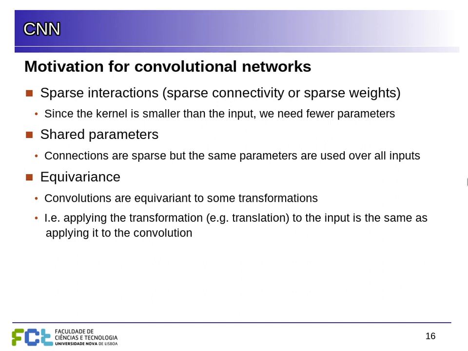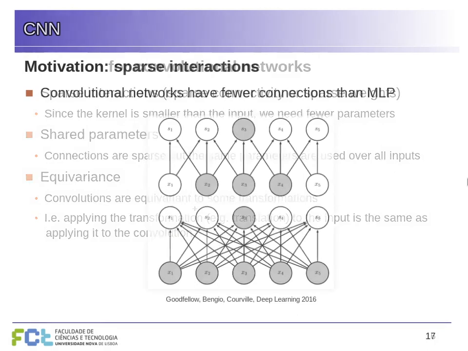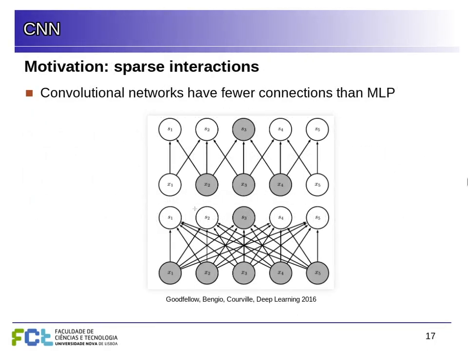It's the same thing, but the idea is that we need fewer parameters because of that. Another important aspect is that there is an equivariance between the input and the output on a convolutional layer. That is, some kinds of changes on the input provoke the same changes on the output. I'm going to talk a bit about these three in more detail.